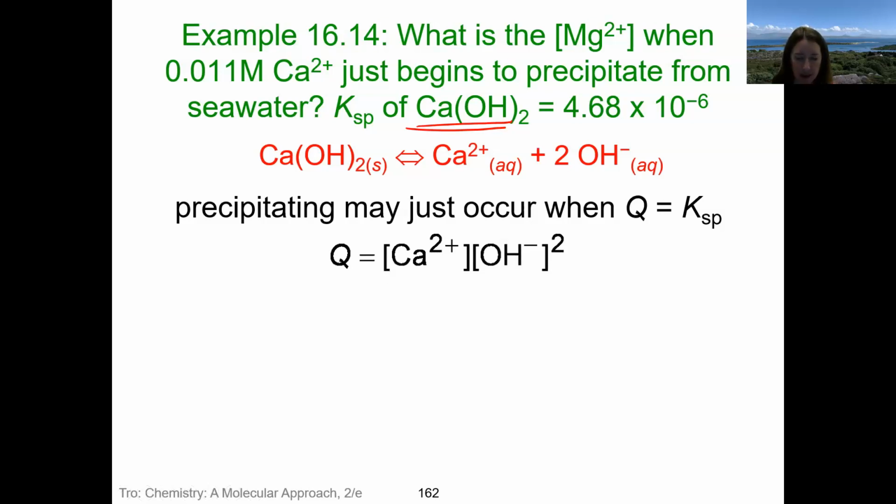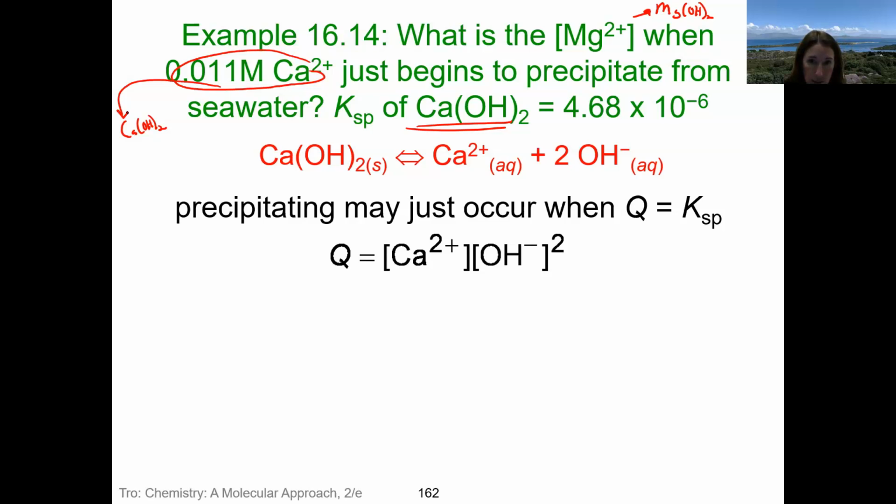So let's think through this one for a second. What we're trying to do is figure out what magnesium is. Magnesium is going to be coming from magnesium hydroxide. Calcium is coming from calcium hydroxide. Okay, so we have the concentration of calcium. It's given to us.